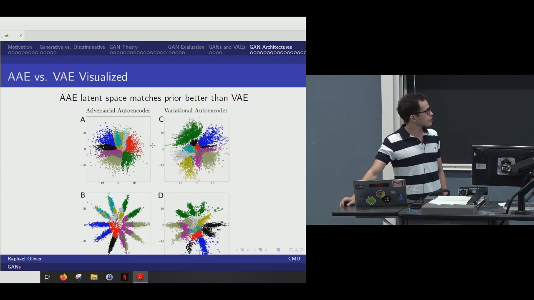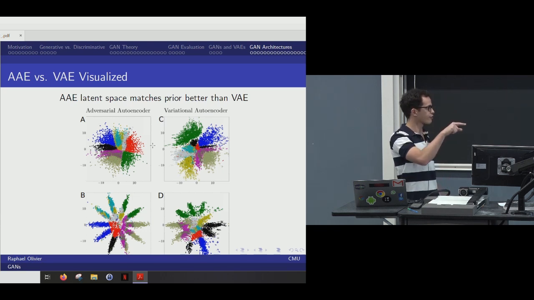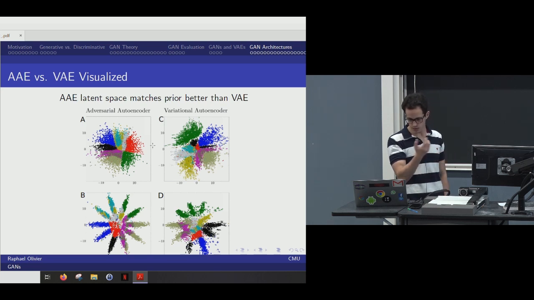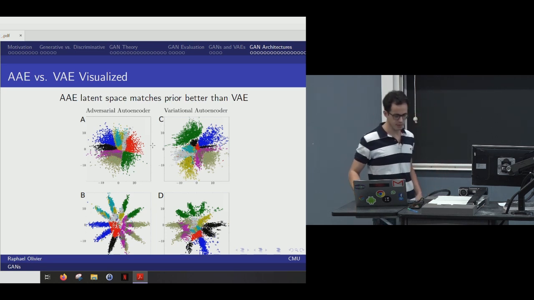Yeah, so on the top left, you can see the data points drawn from an adversarial autoencoder. You see that they definitely match a Gaussian. Forget about the colors, just look at the overall distribution of points. In the A image, it's definitely a Gaussian, but in the C image, where the same thing was drawn from a variational autoencoder, it kind of looks like a Gaussian, but it's a bit weirder and not exactly matching the prior.